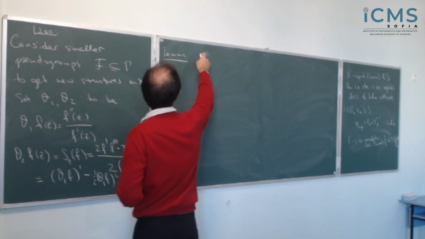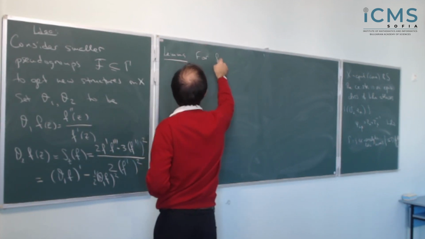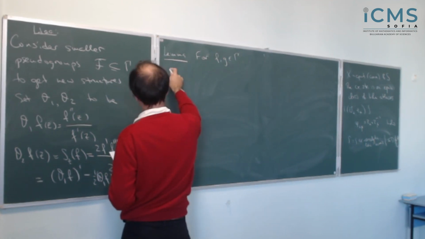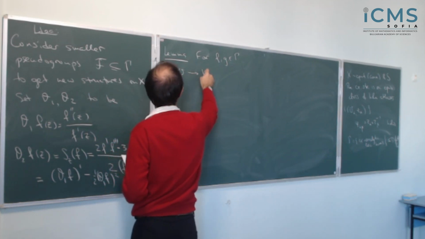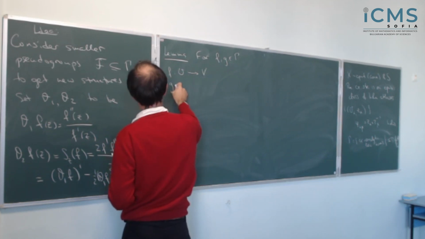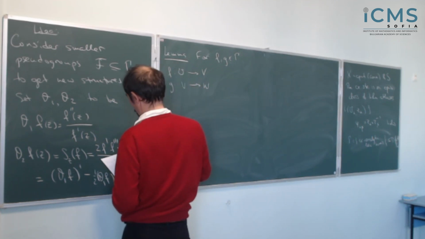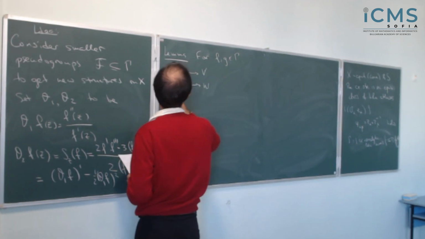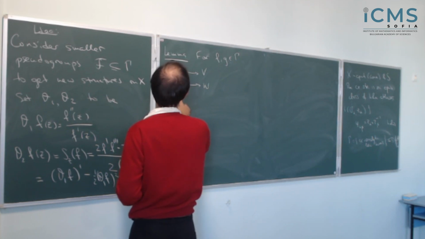So let's pick f and g in gamma. Let's say f is from U to V, g is from V to W, so the image of f is in the domain of g.